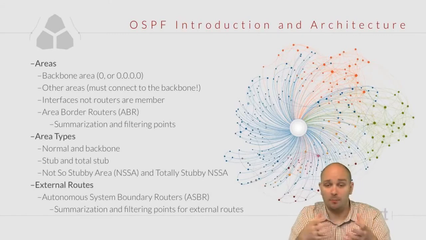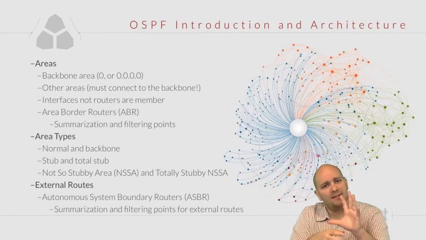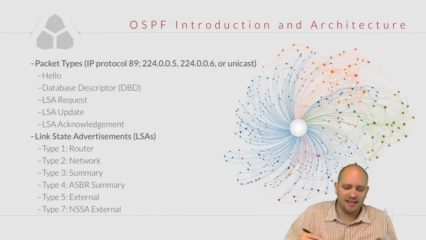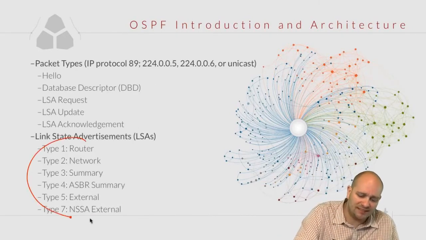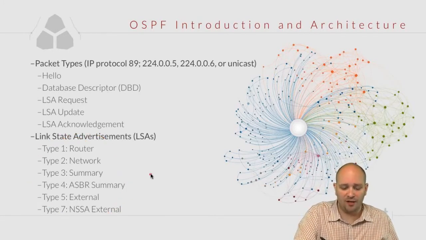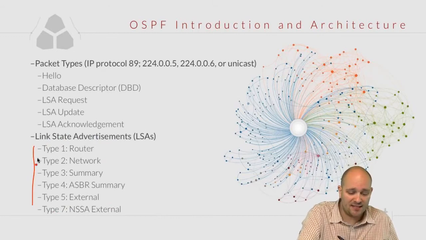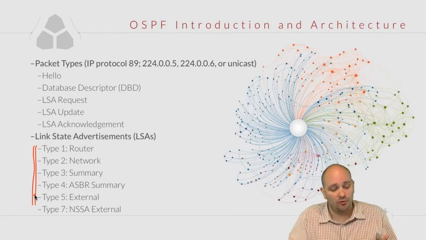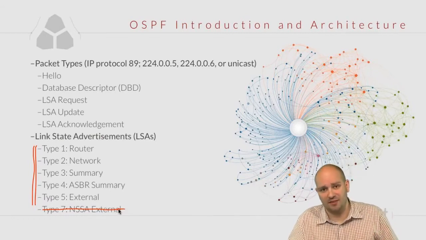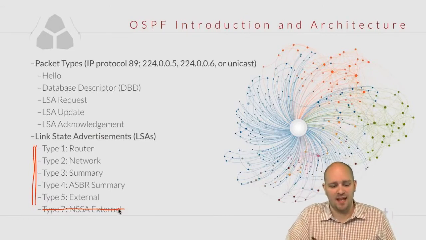There are also stub and total stub areas, and the difference between these areas is in which LSAs are allowed to exist in which areas. For example, for normal areas, we can have LSA types 1, 2, 3, 4, 5, but we don't have LSA type 7. This is specific for the NSSA area.